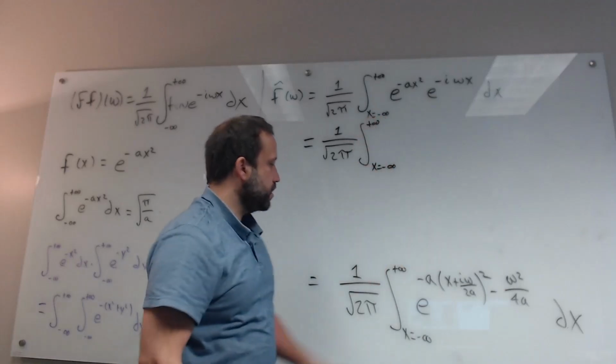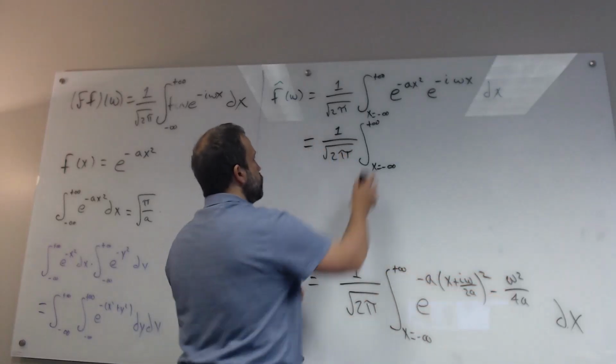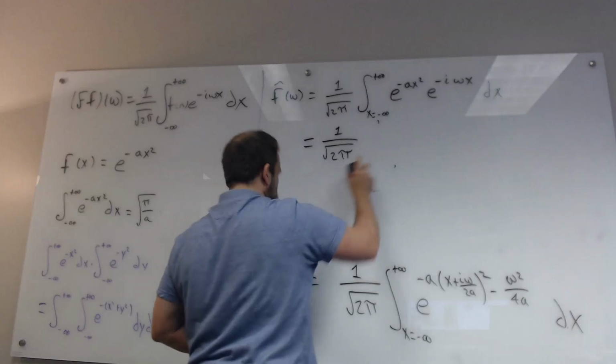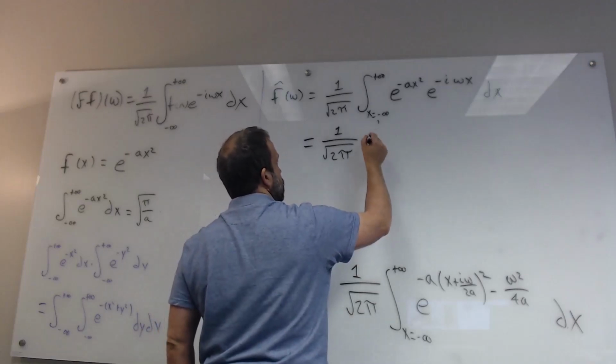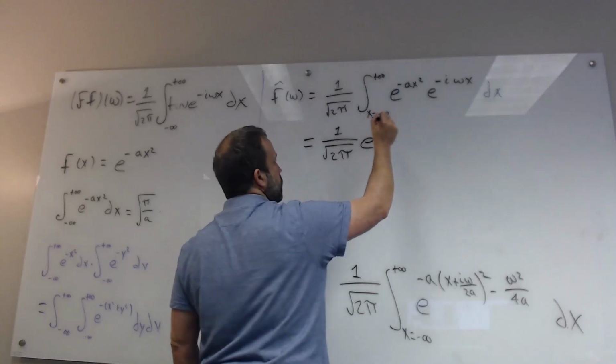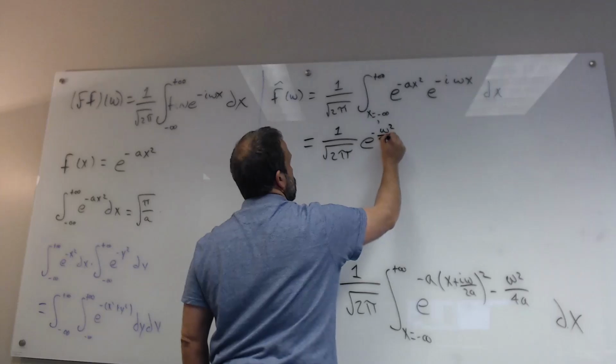Okay, so notice I have e to the minus omega squared over 4a. That doesn't have anything to do with x, so I'm actually going to pull that out. So on the outside of the integral, we're going to have an e to the minus omega squared over 4a.